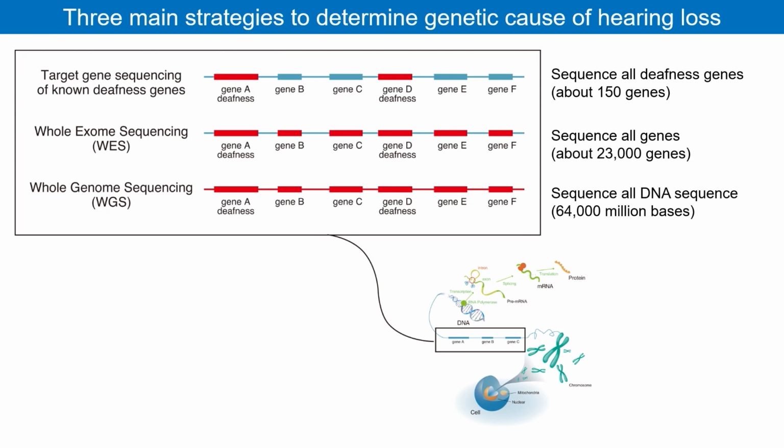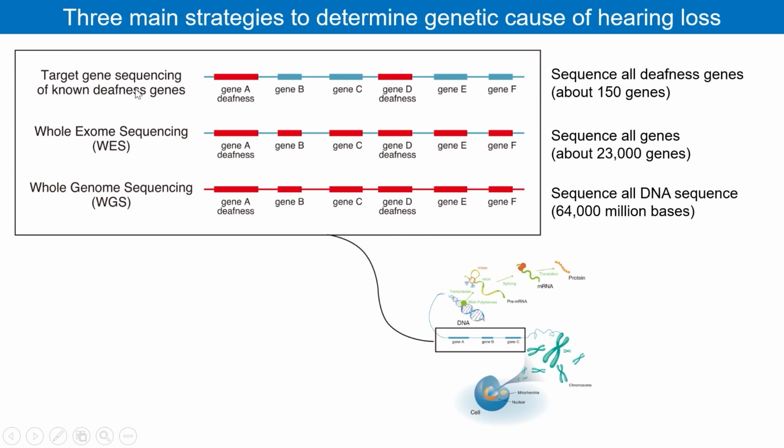There are three main strategies to determine the genetic cause of hearing loss. The first one is target gene sequencing of all known deafness genes. As I mentioned, up to now, we have identified almost 150 genes for the genetic cause of deafness. So we sequence only all the deafness genes.